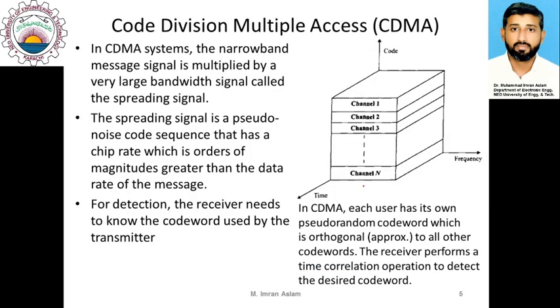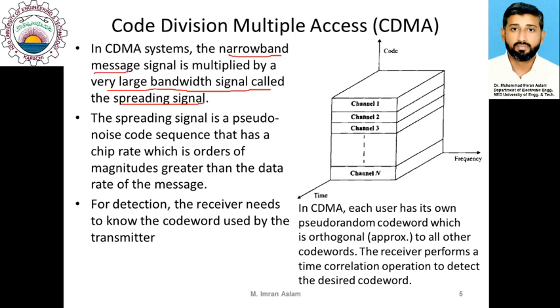Okay, let us now move on to the next multiple access technique, which is the code division multiple access technique, or direct sequence spread spectrum multiple access technique. In a CDMA system, we use a very large bandwidth signal, known as the spreading signal, to spread a narrowband message over a wide spectrum.